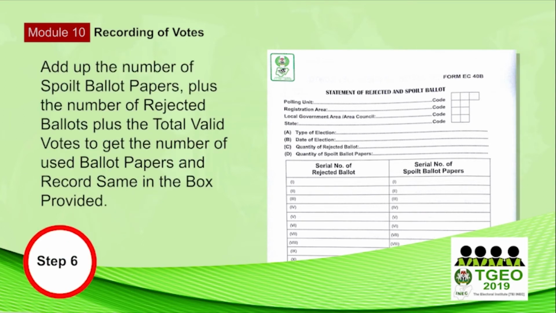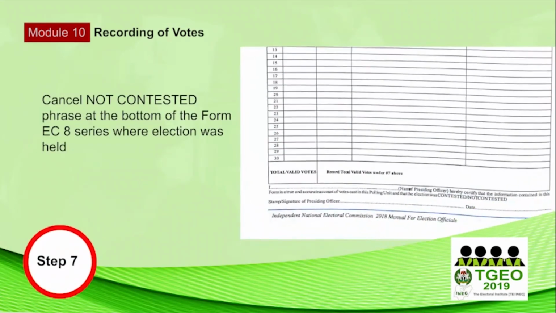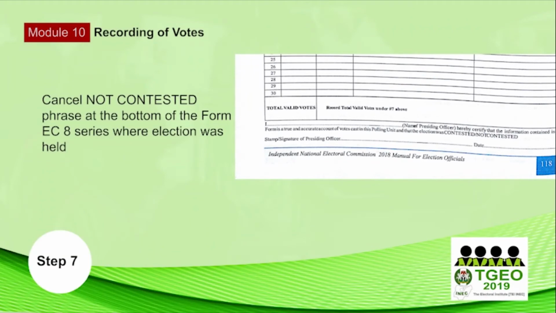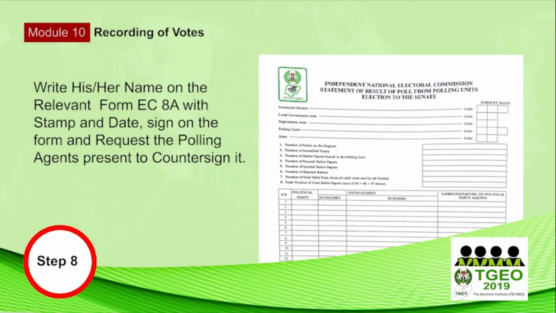Add up the number of spoilt ballot papers plus the number of rejected ballots plus the total valid votes to get the number of used ballot papers and record same in the box provided.